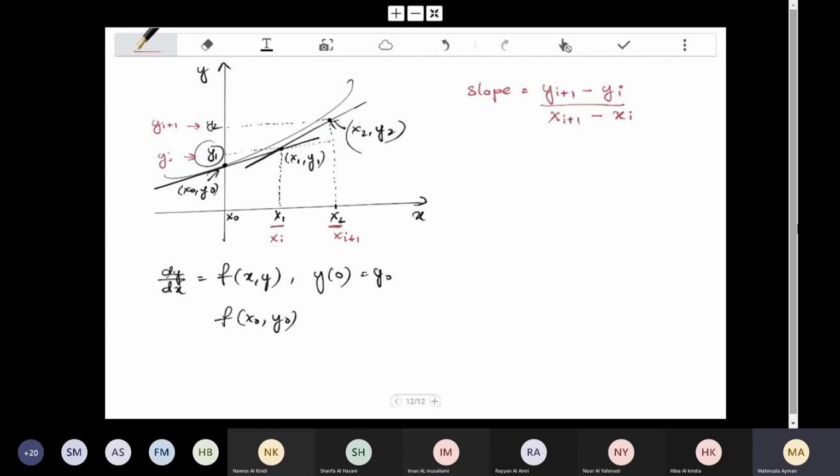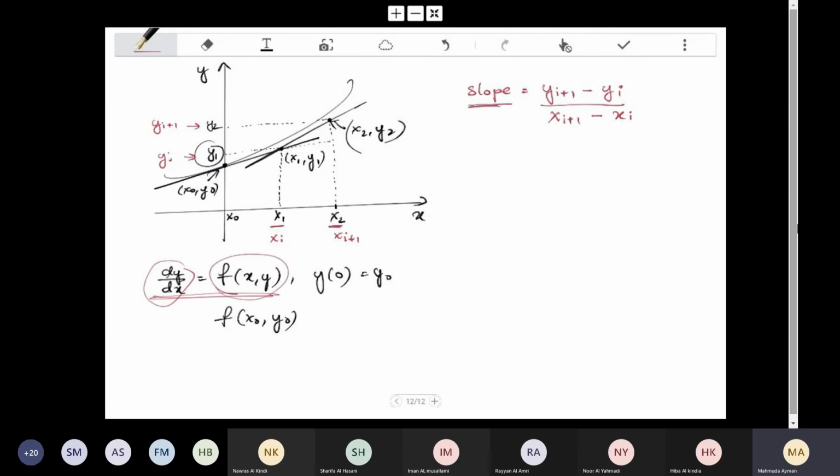Sorry, I'm just confusing you here, I guess, so let me make it more clear. Here we can find the tangent line, or the slope of the tangent line. That would be this slope here. Also, we know from the differential equation that the slope is equal to f of x, y.